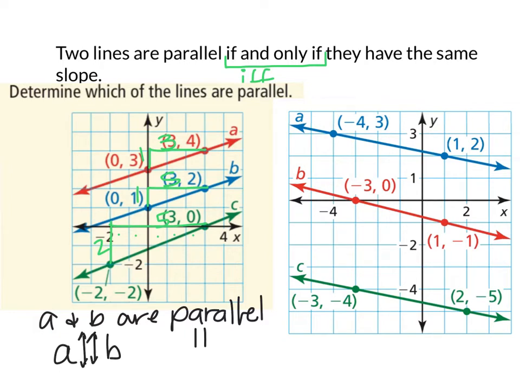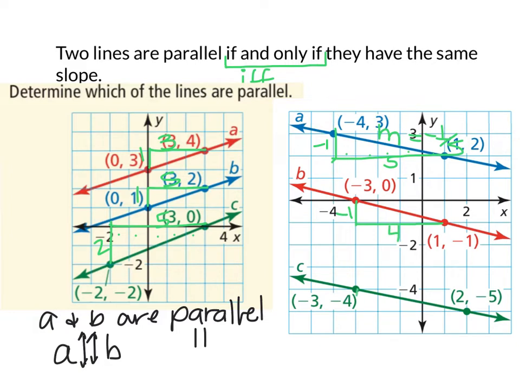So we're going to do the same thing for the second set of graphs. Our slope for this one is down 1 over 5. So negative 1/5 is the slope here. And then the next one is down 1 and over 4. So this one is not parallel, even though it looks like it could maybe be.